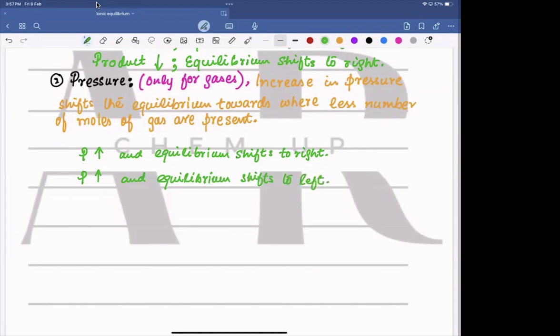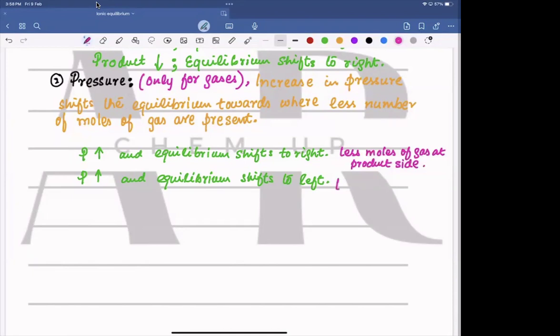So if the equilibrium shifts to the right on increasing pressure, it means there would be fewer moles of gas at the product side.